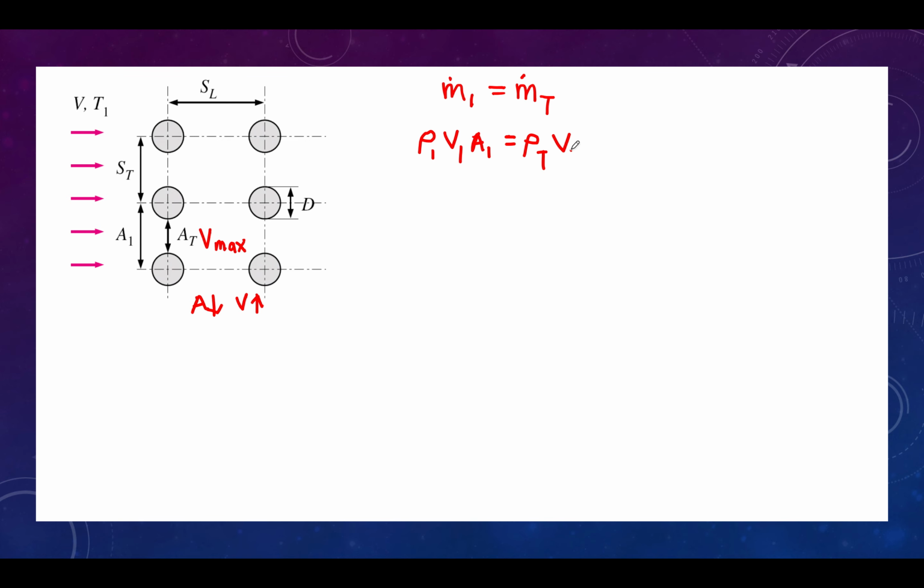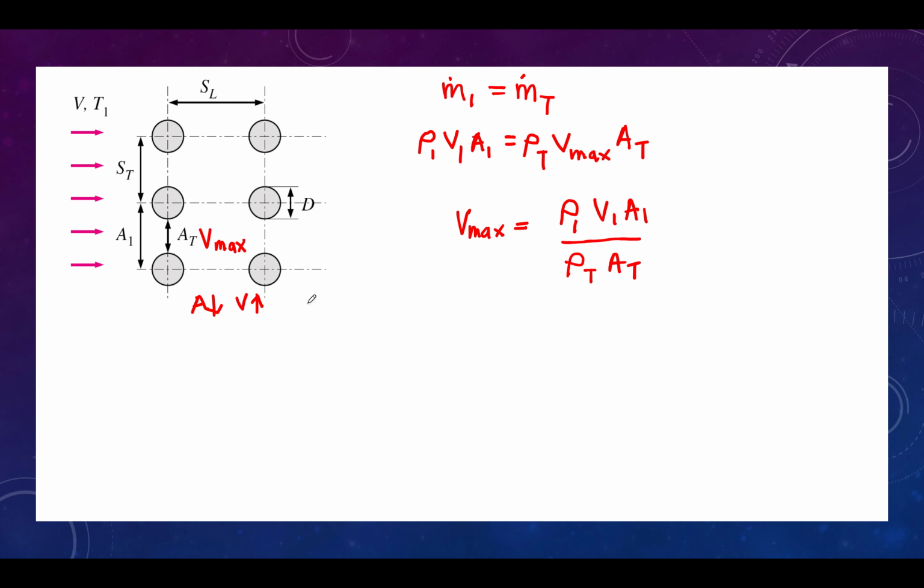From here, we rearrange this equation: V maximum is equal to rho 1 V1 A1 over rho T AT.